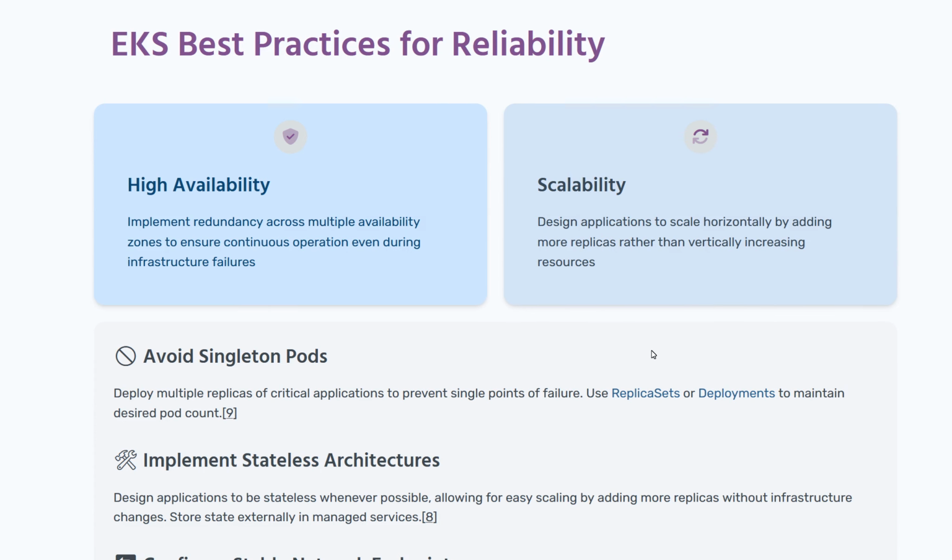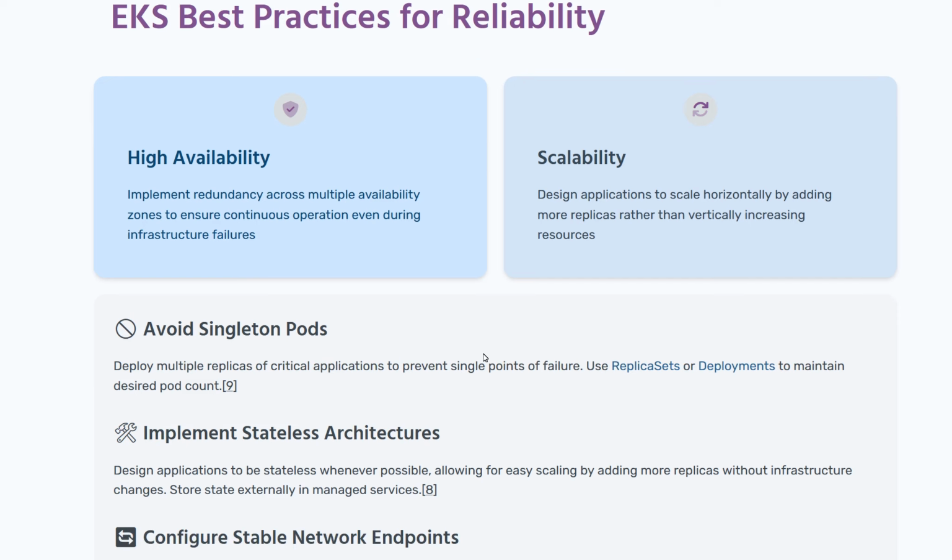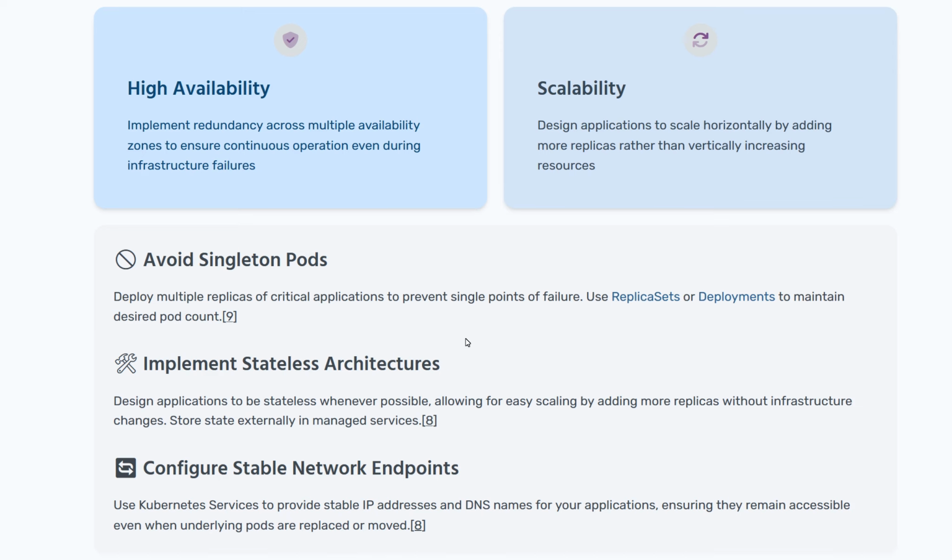EKS best practices for reliability, so high availability. This is how you follow best practice for the reliability of your application. Use high availability and scalability: deploy multiple replicas of critical applications to prevent a single point of failure. Use replica sets or deployments to maintain the desired pod count.